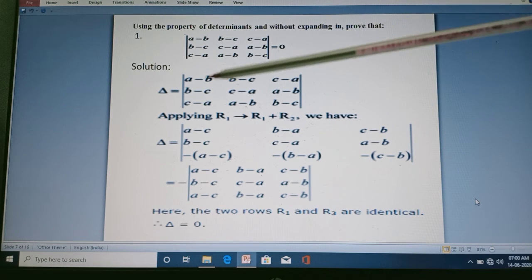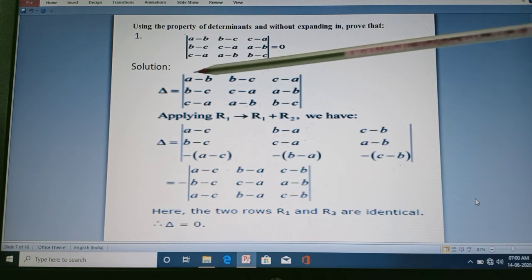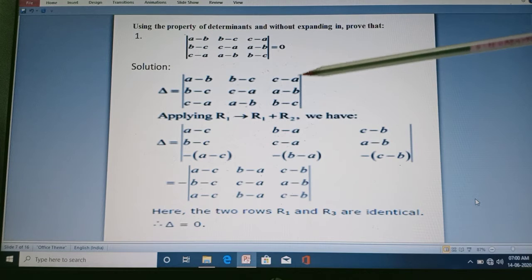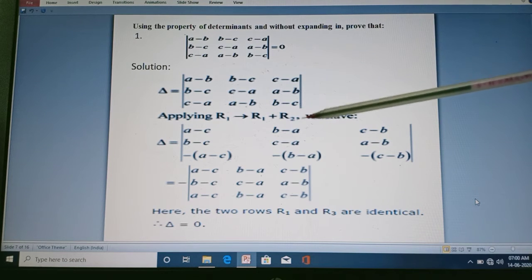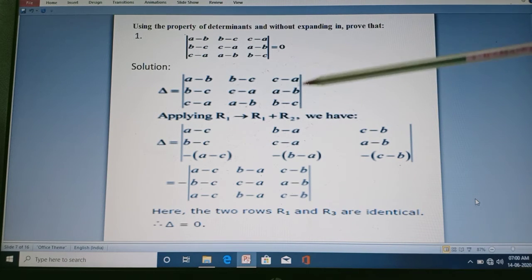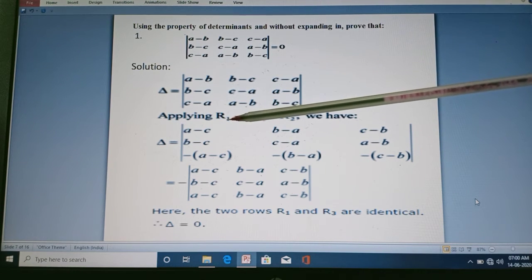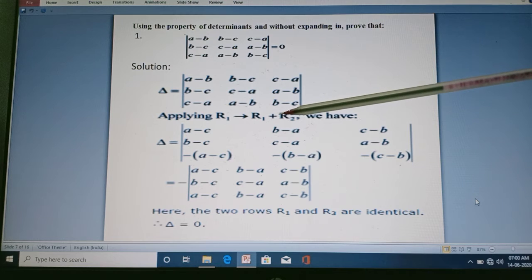So students, this given determinant we have written first, and we are going to change r1. How are we going to change it? We are going to change r1 by r1 plus r2. Here the constant multiple is 1.